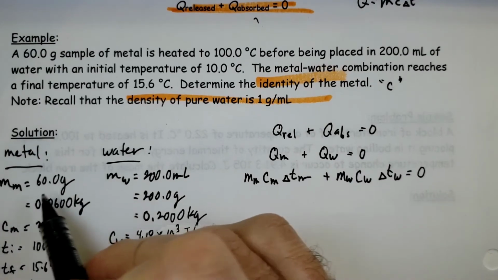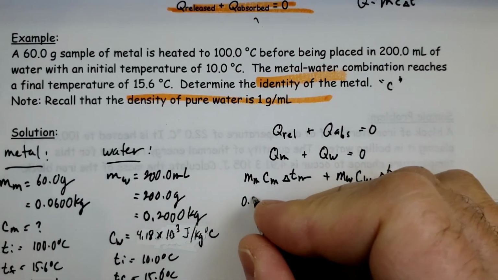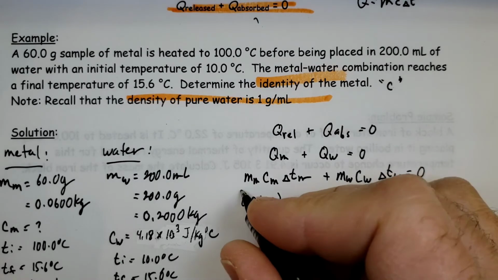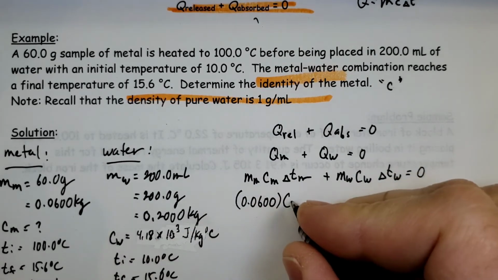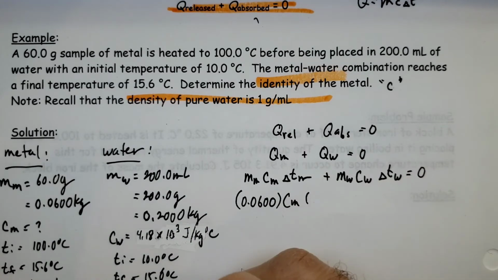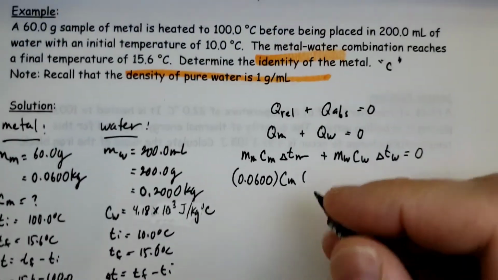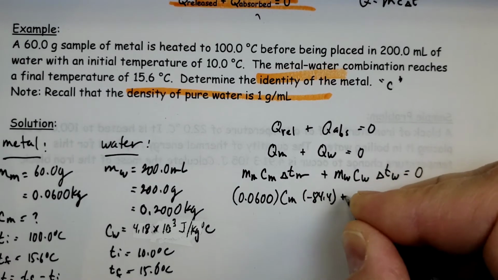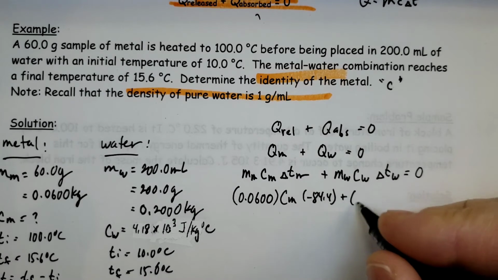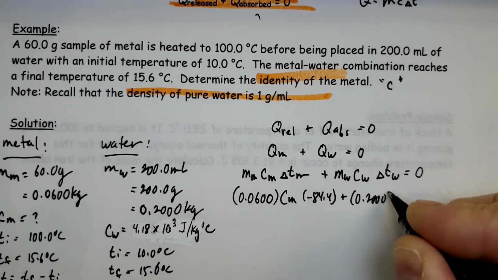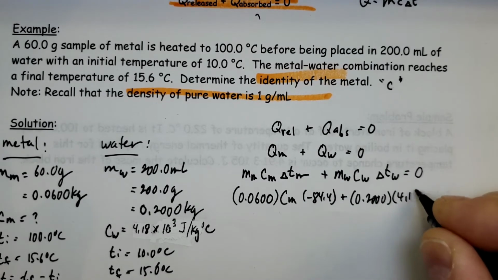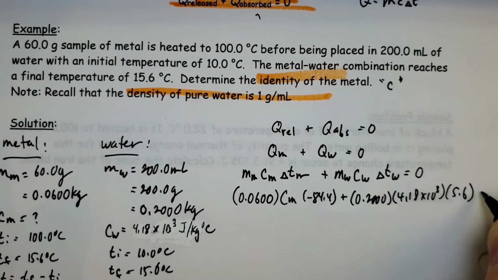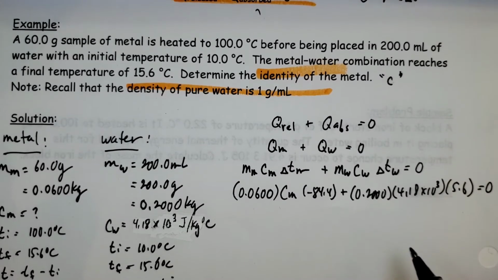So my metal was 0.0600, CM, that's what I'm figuring out, delta T of metal, negative 84.4. And then my water, 0.2000, specific heat capacity of water, and temperature change of water, all equals 0.